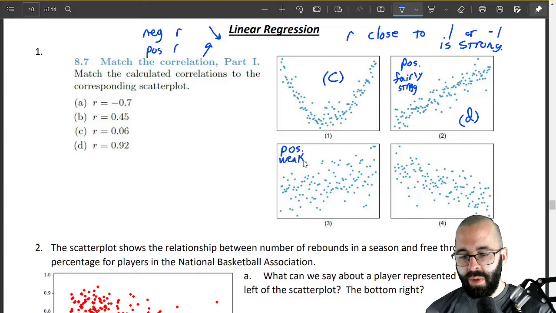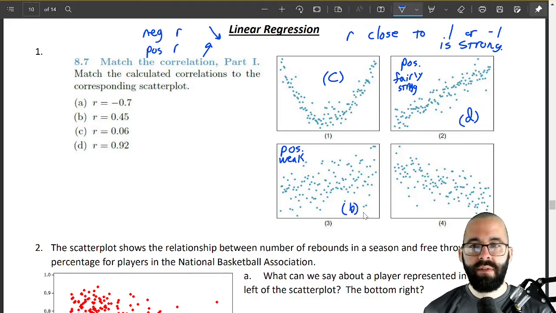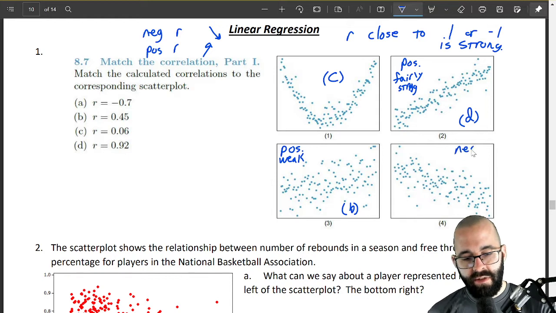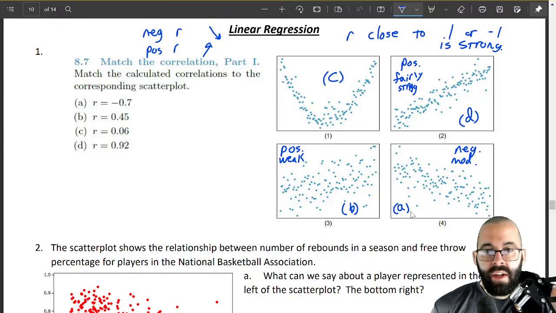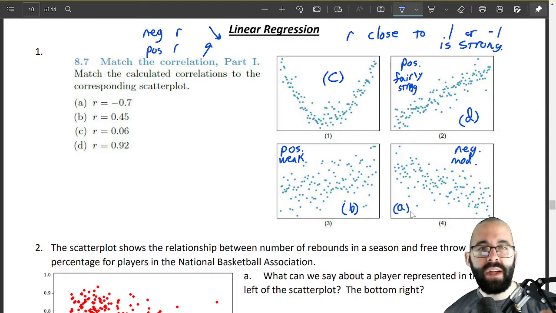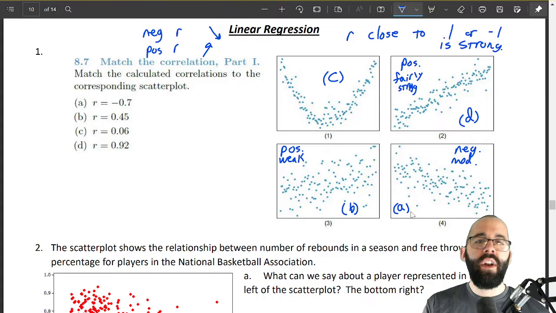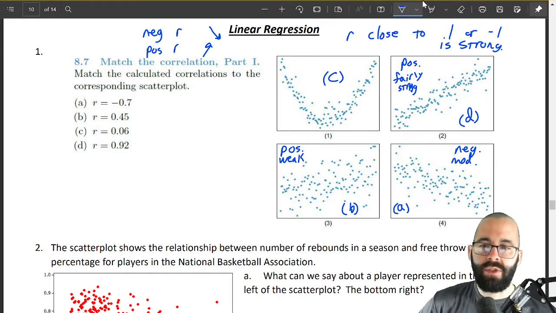What's positive and pretty weak? B, 0.45. This last one is negative and maybe moderate to weak. That's going to be negative 0.7. Letter A. So that's how you can kind of approach these. Look at the picture, think about what we expect R to be, and then look at our choices to see which one's the best choice.